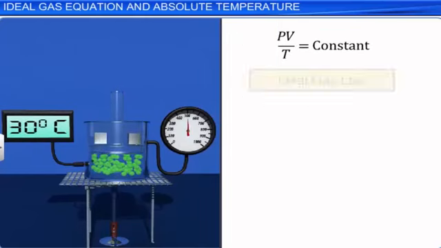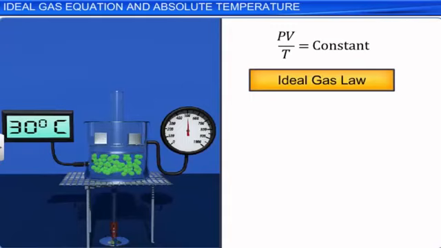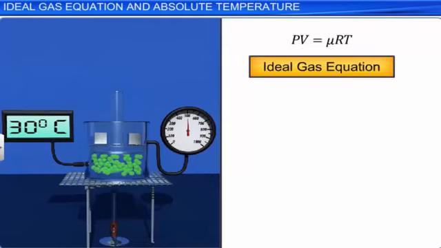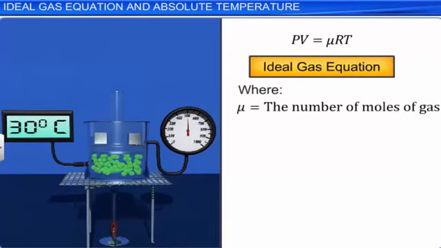This is known as the ideal gas law. PV is equal to mu RT is a generalized ideal gas equation, where mu is the number of moles of gas and R is 8.31 joule per mole per Kelvin, which is the universal gas constant.